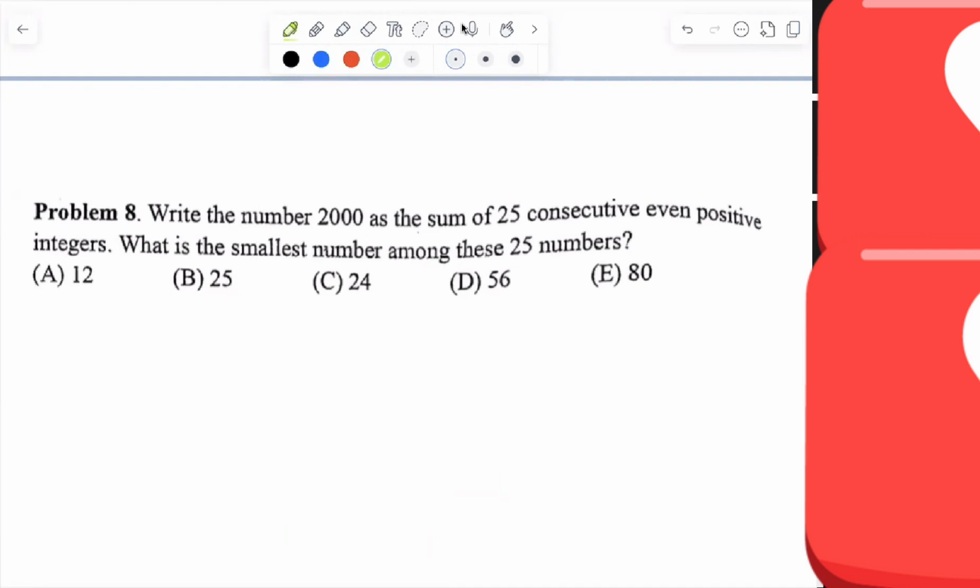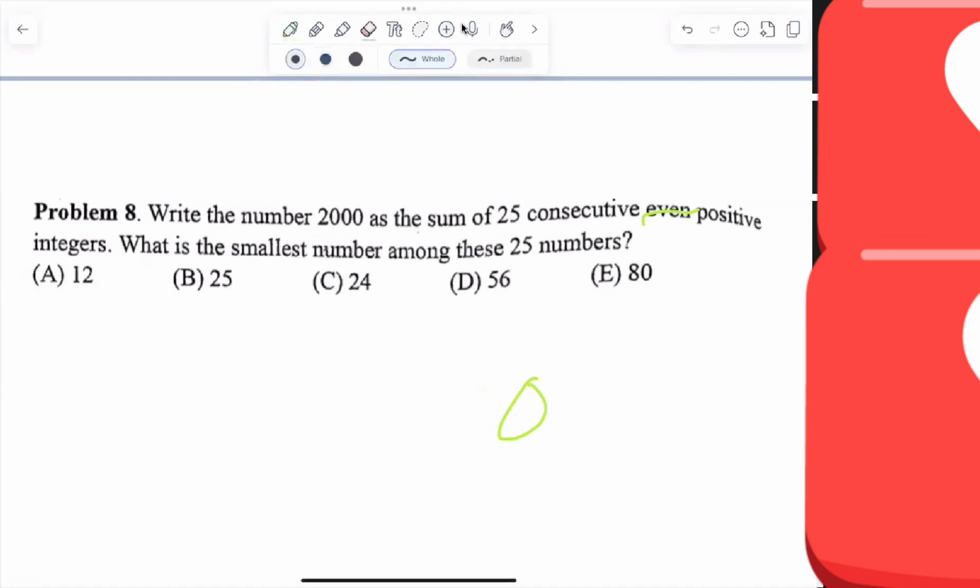We first do the same steps as we did before when the integers are not even, right? Divide by 25, we just get 80. So the middle is 80. That's going to be the median. If you look at sequences, that's the middle number in the 25 consecutive even positive integers.